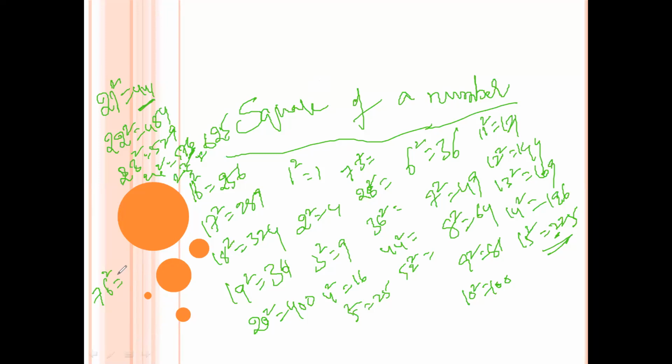First compare this 76 with 100. 100 minus 76 is 24. 24 square is 576. So write the last 2 digits here, 76. 5 is carry.